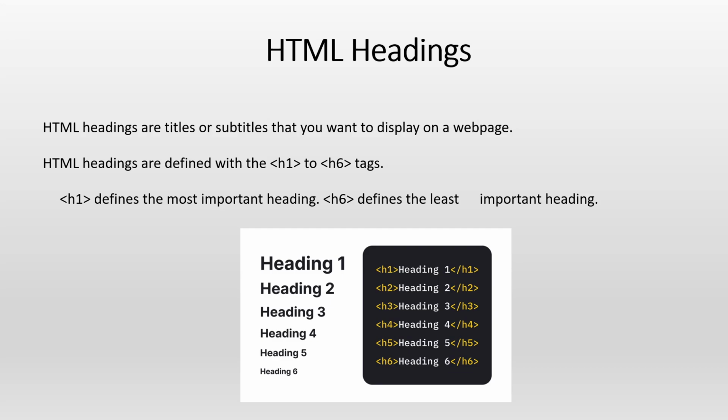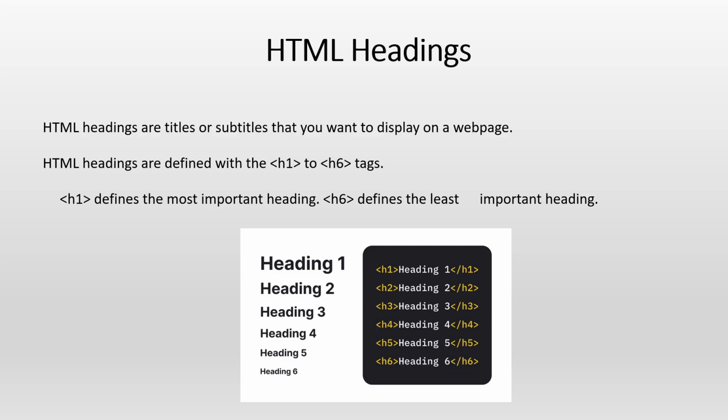So what is the main use of these headings? They are useful in a concept called SEO, search engine optimization. At that time, we are going to use these things. They are very important.